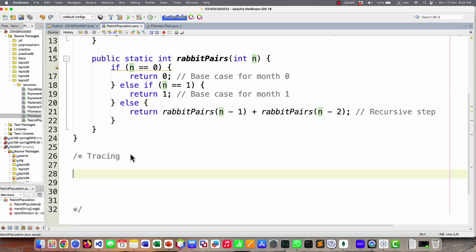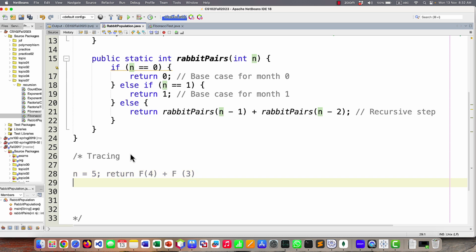If n equals 5, let's make it step by step. If n equals 5, what will it return? It will return f4 plus f3, right? Yes. Do we know f4 and f3? No, we don't know.